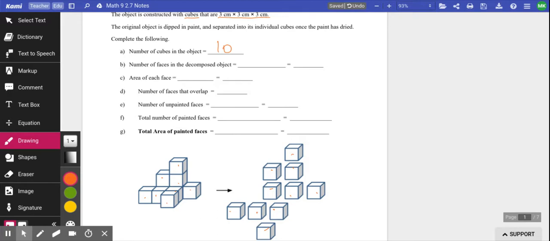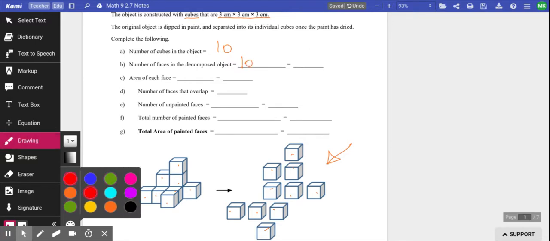Part B, the number of faces in the decomposed object. This would be the decomposed object, right? Like the exploded view. So if you were to imagine how many faces there are, if there's 10 cubes and each cube has how many faces, you could go 10 times 6 to figure out that total there's 60 faces.